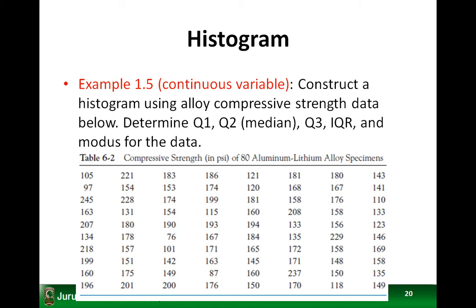So here we have the data, and we need to construct the histogram for the data, and based on the data we will determine the quartile 1, the quartile 2, or the median. Remember, median is the quartile 2, and the quartile 3, and the IQR, the interquartile range, and the mode for the data. Okay, now let's do that.